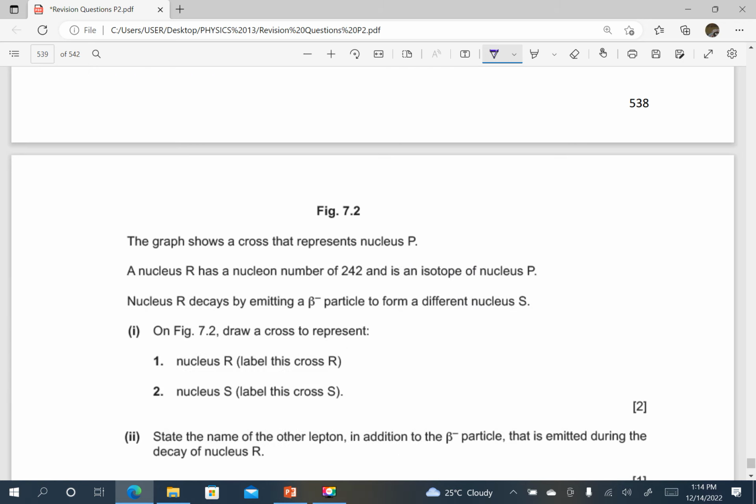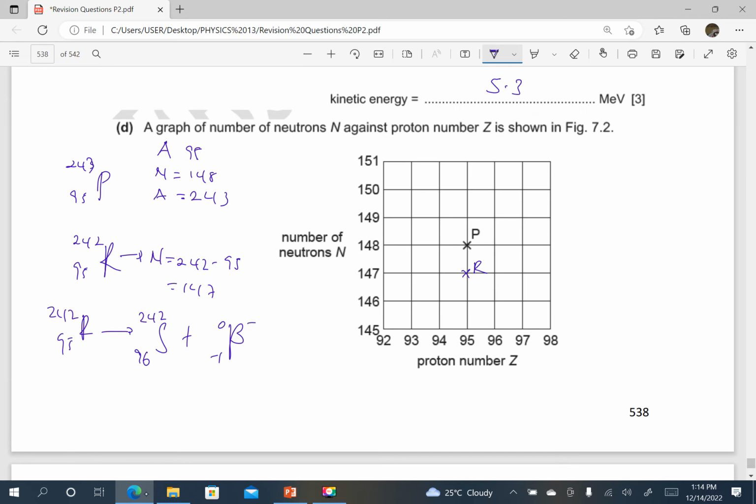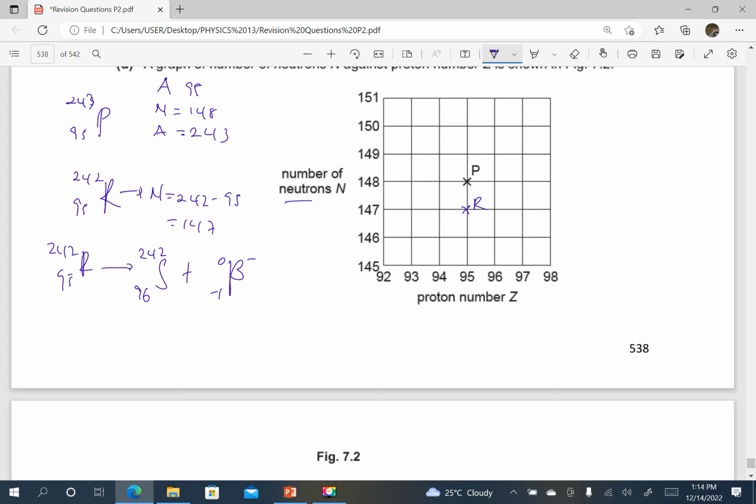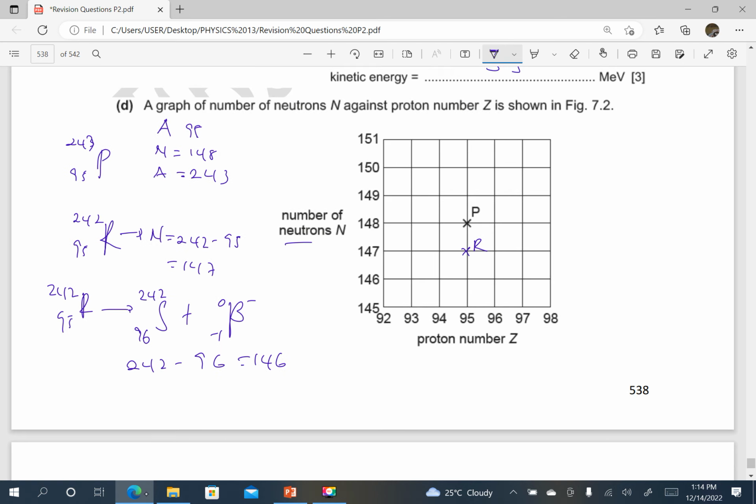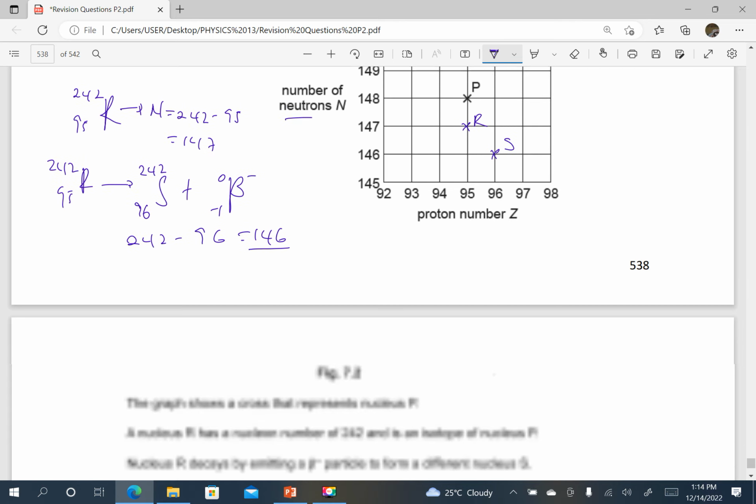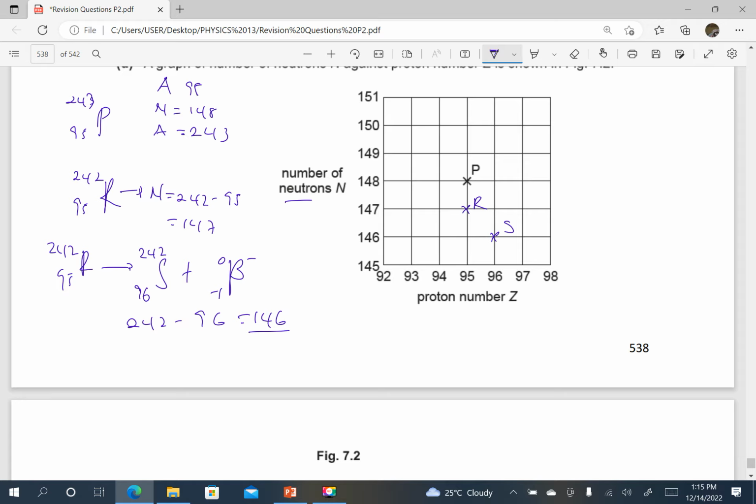So the question wants us to draw a cross to represent nucleus S. Remember the graph is neutron number, not nucleon number. So the neutron number here will now be 242 minus 96, which is 146. So S is going to be 96 and 146. Okay, so that is the simple question.